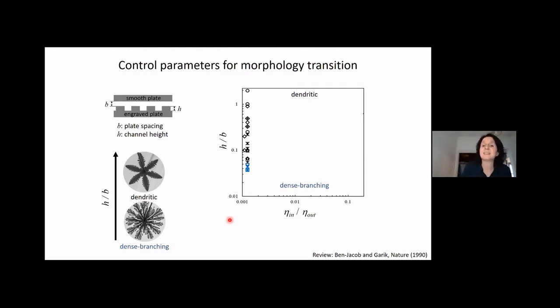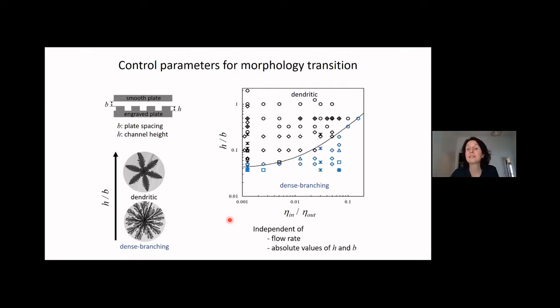What we find is that there's actually a second important control parameter that governs this morphology transition, and that's the viscosity ratio between the two fluids, where we see that increasing the viscosity ratio changes the critical h over b needed to transition to dendritic growth by almost an order of magnitude.